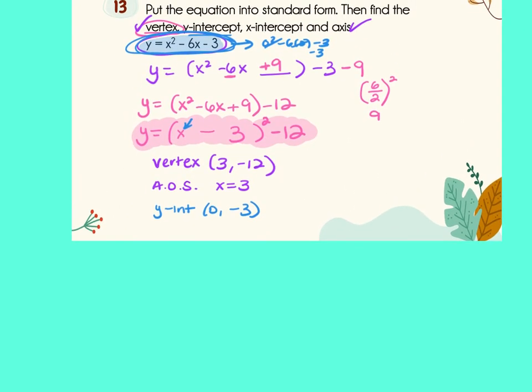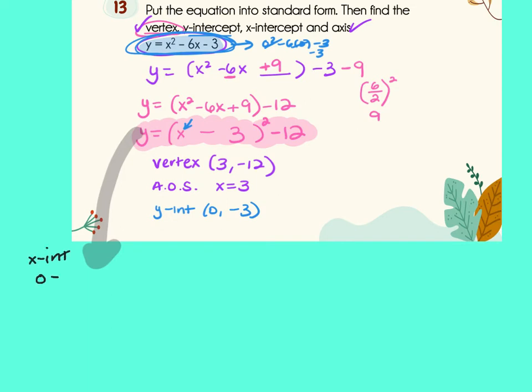So on the standard one we just got, what are we looking for? The x-intercepts. I would say 0 equals x minus 3 squared minus 12, and I want to solve for x. So I add the 12. I square root both sides, putting a plus and minus in front of the root 12.